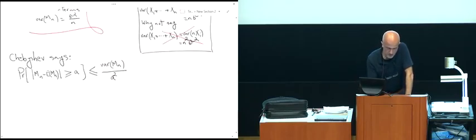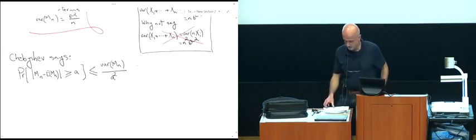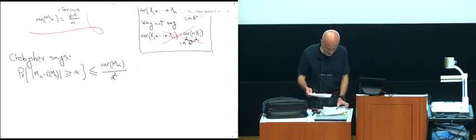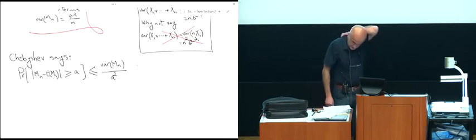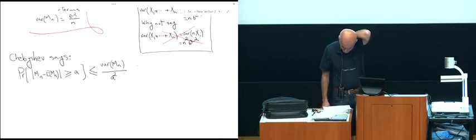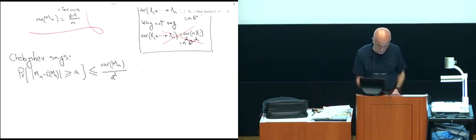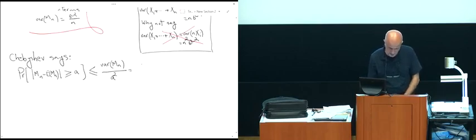Okay, but what is the variance of Mn? What did we say it is? It's what? Sigma squared over n, no? Isn't that the variance of Mn? It's right here.